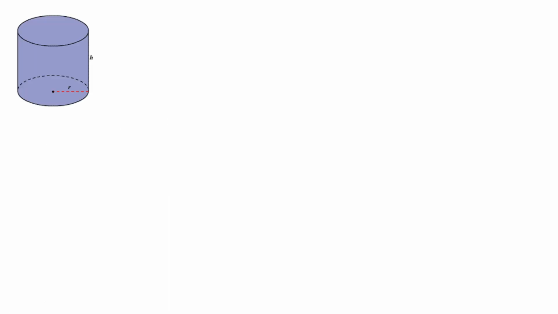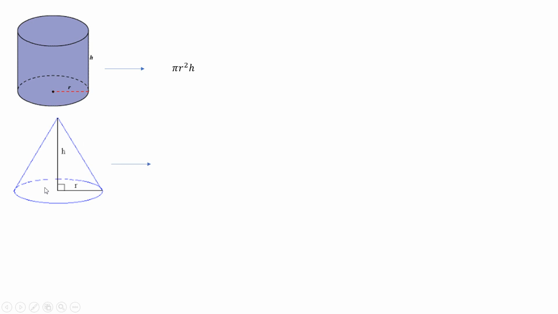First of all, I'm sure you are familiar with this figure. This is a cylinder with a circular base of radius r, and its height is h. It's easy to guess the volume of this cylinder: pi r square times h, that is base area times height. Another figure is a cone, whose base is also circular and whose height is h.